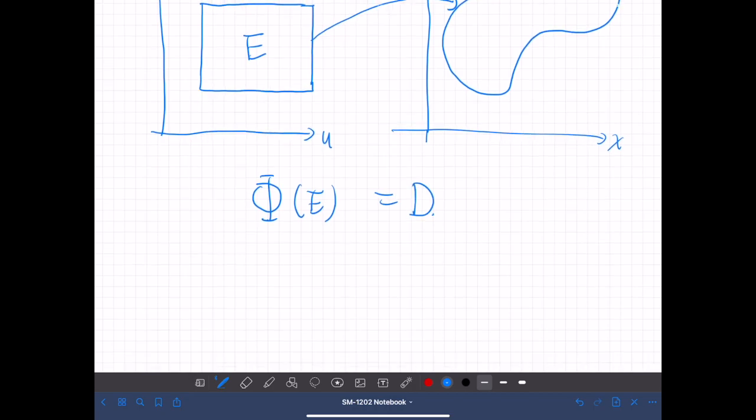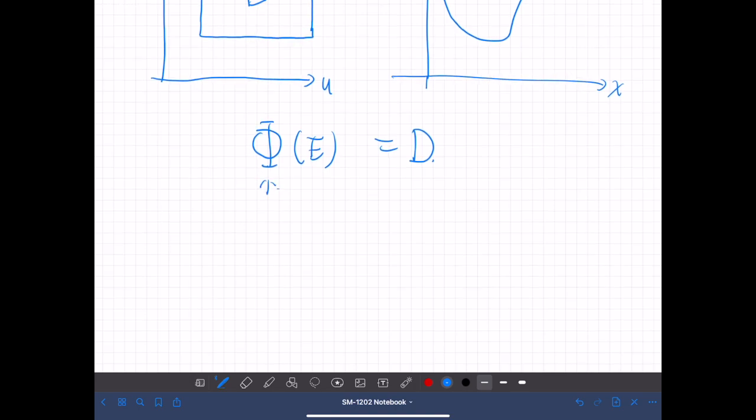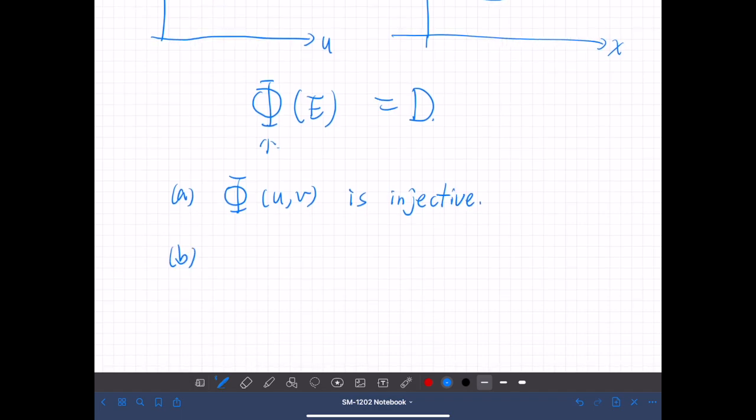Okay, and we have to make a few assumptions regarding this mapping Phi. First of all, it is an injective mapping. And second, we write this mapping as x is a function of u and v, and y is also a function of u and v.